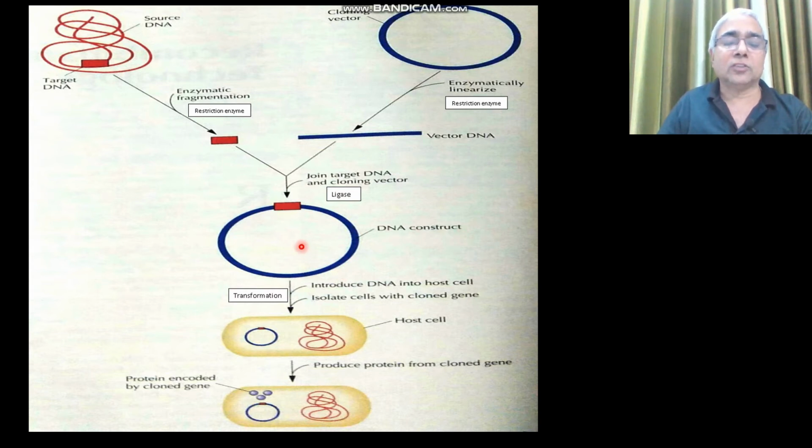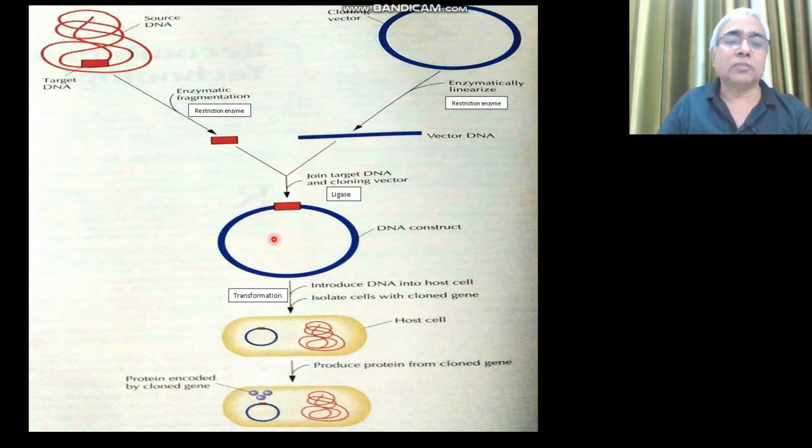Now this DNA construct is introduced in another host cell, here in bacterium, to multiply the number of these gene of interest molecules. Inside the bacterial cell, the conditions are provided so that these molecules can multiply.